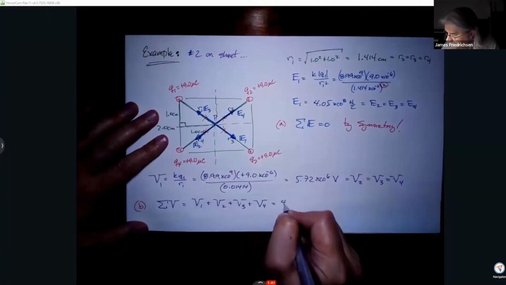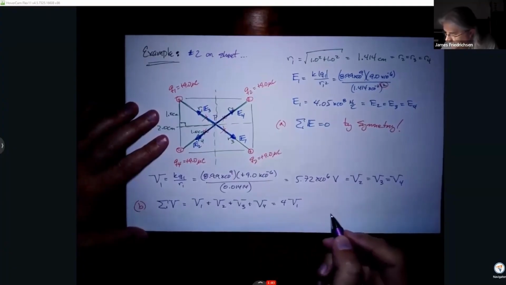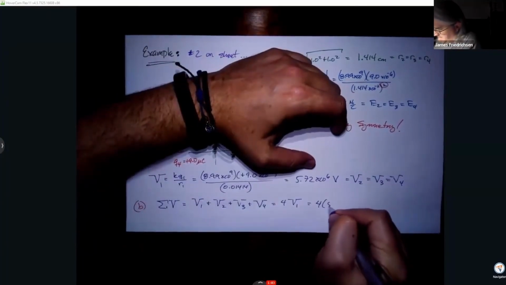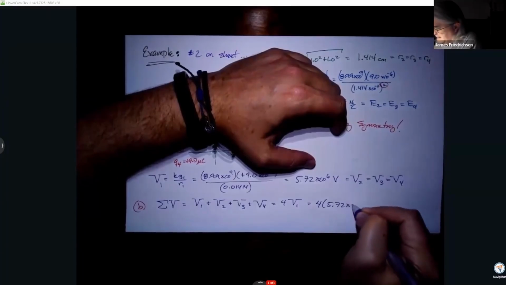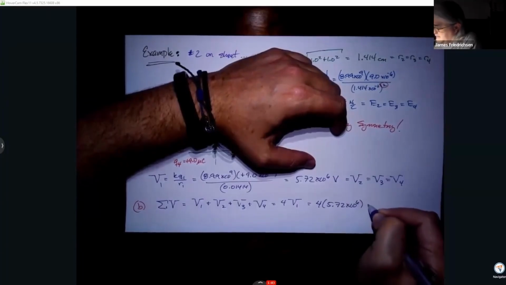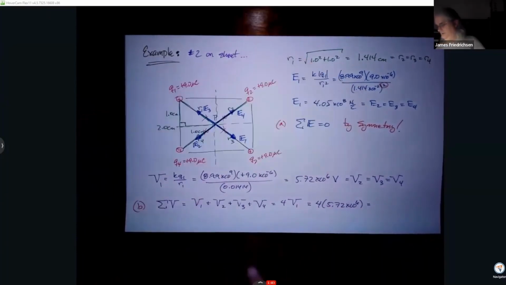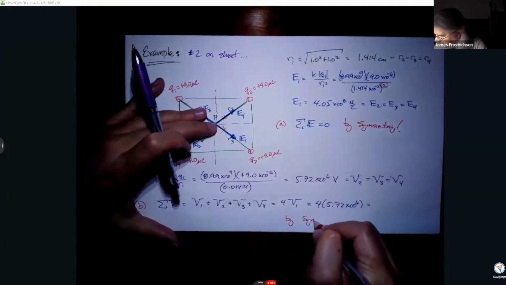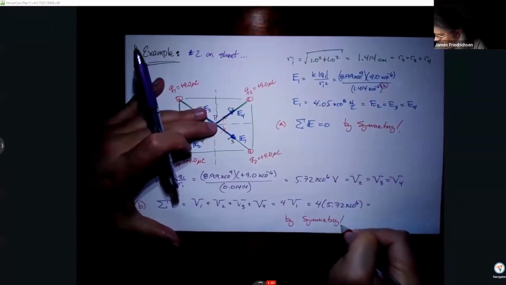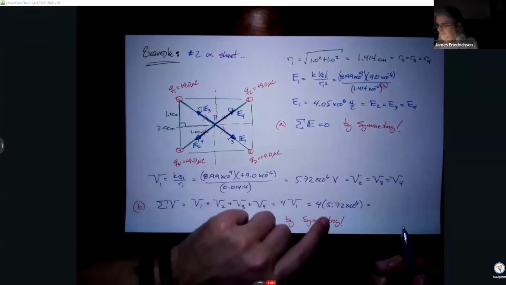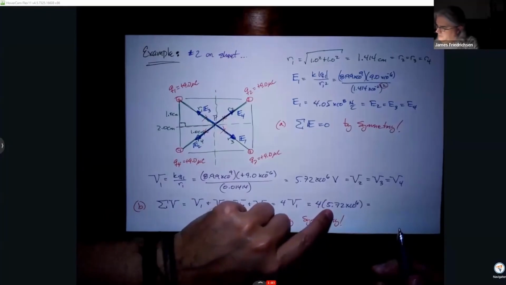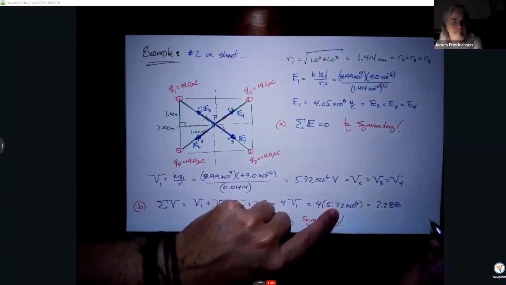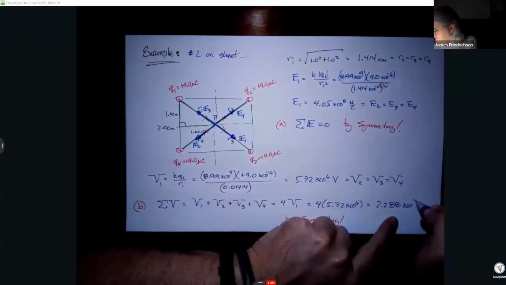But they're all the same. So it's quadruple this result. It's not 0 because, again, these are scalars, not vectors. There's no directions. So we get 2.288 times 10 to the 7th.